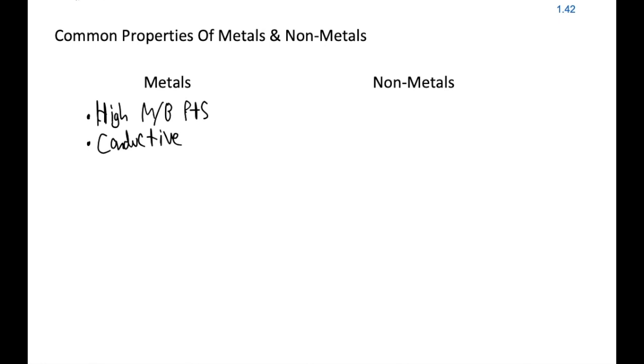Metals are nearly always solids at room temperature. They're also quite malleable and quite dense, as we've mentioned in the last video.